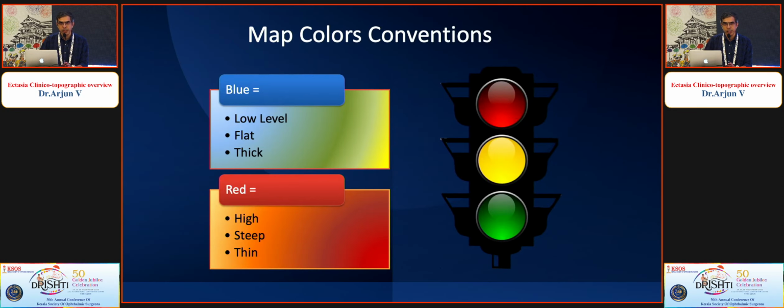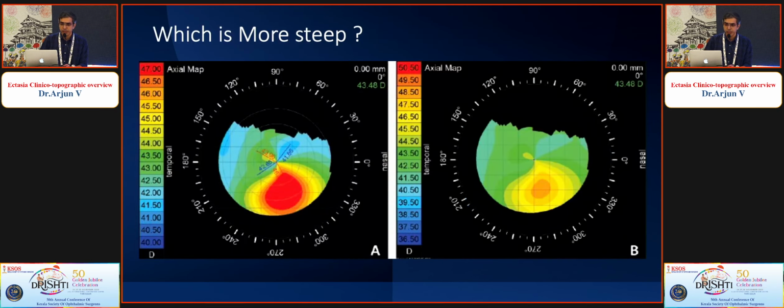Going on to it, first understand your parameters and the color conventions. The cooler colors show lower areas, flatter areas, or thicker areas in the respective maps, and the warmer colors show higher, steeper, and thinner areas. On a cursory note, these two maps may look different, but they are the same eye. The only thing which has changed is the scale.